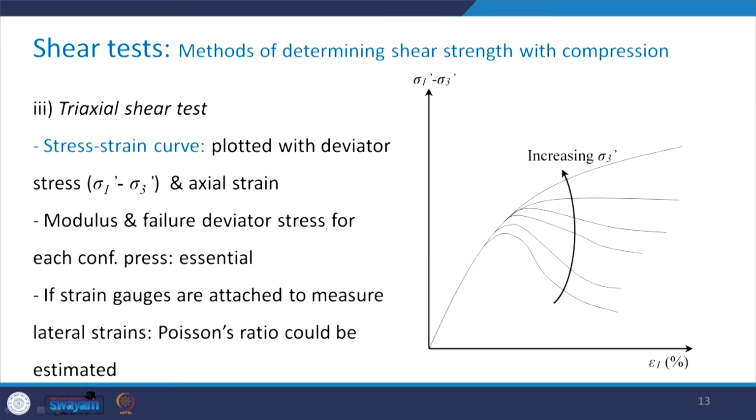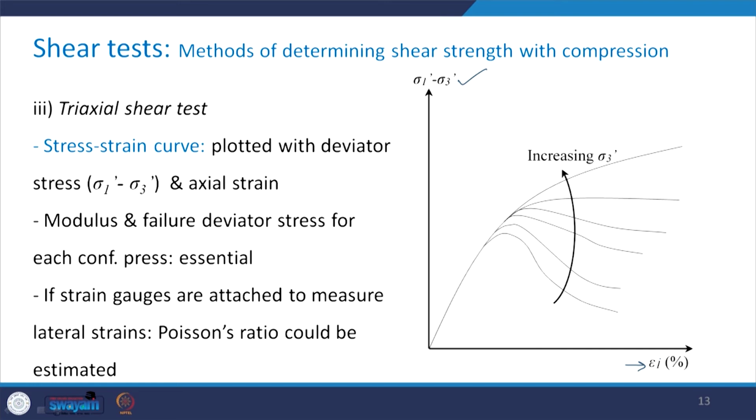See here, this is, as I mentioned, that stress strain curve. Here it is plotted with the deviatoric stress, which is sigma 1 minus sigma 3 prime, and on the x axis you have the axial strain, which is epsilon 1 in percentage.